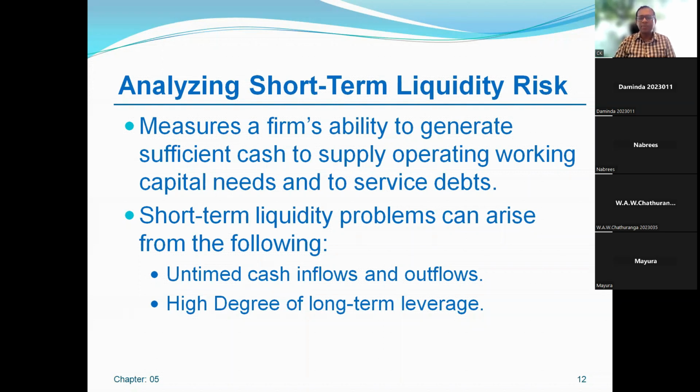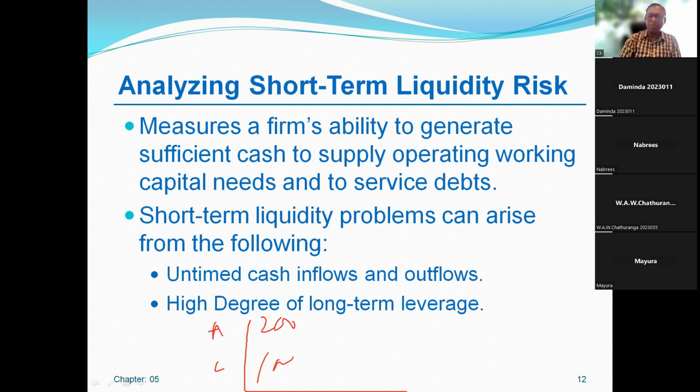Now, if you look at the previous one, the untimed cash inflows and outflows, I'm not sure whether I clarified that the previous day. So the untimed cash inflow outflow story, I sometimes discuss with an example from the balance sheet. You have assets, you have liabilities. Assets 200, liabilities 100.